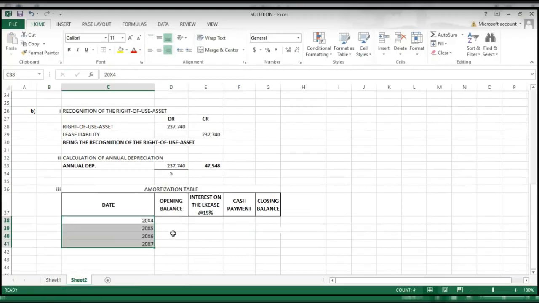These are the years that these assets will be in use under the lease arrangement.